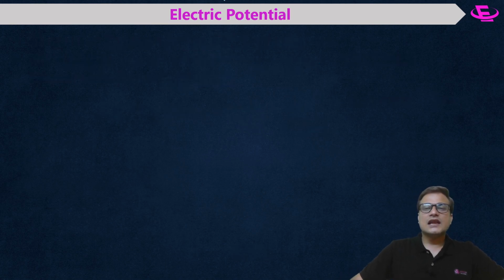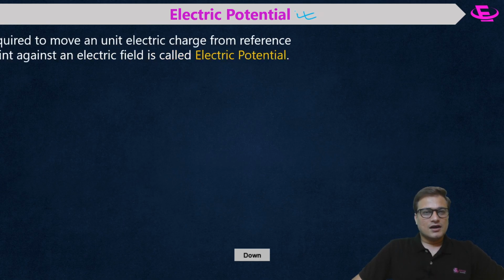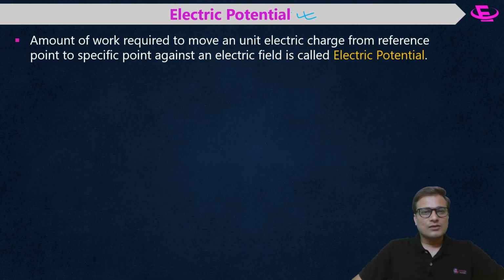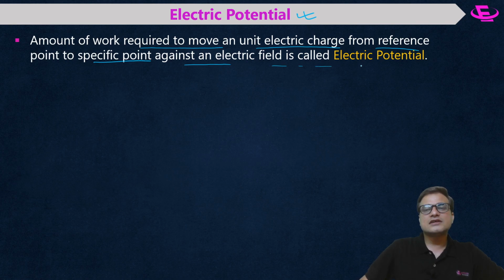Next, let us see electric potential. Potential means your capacity. Clear? So let us define electric potential. It says the amount of work required to move a unit electric charge from a reference point to a specific point against an electric field is called electric potential. That means you have a unit electric charge, 1 coulomb.